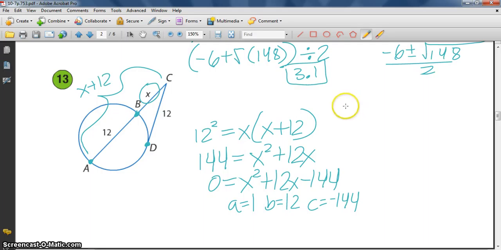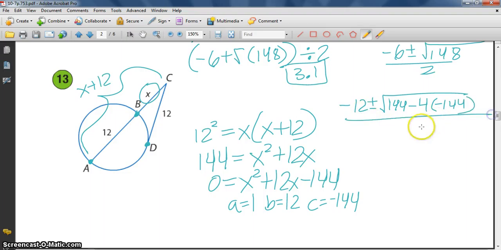So we have the opposite of B plus or minus the square root of B squared. 12 squared is 144, minus 4 times A, which is 1. 4 times 1 is 4, times C, all over 2 times A. 2 times 1 is 2. And simplify.